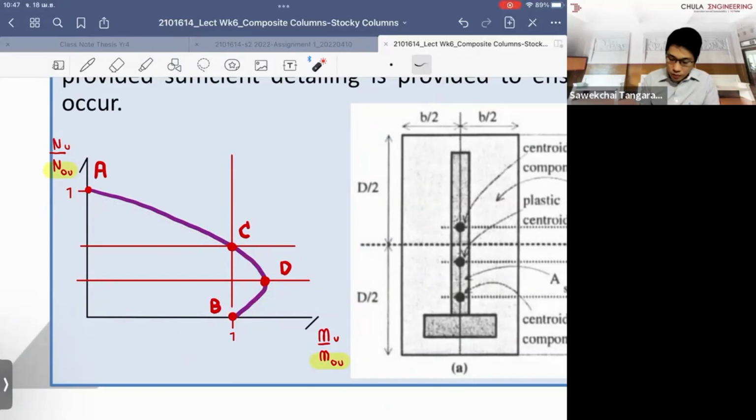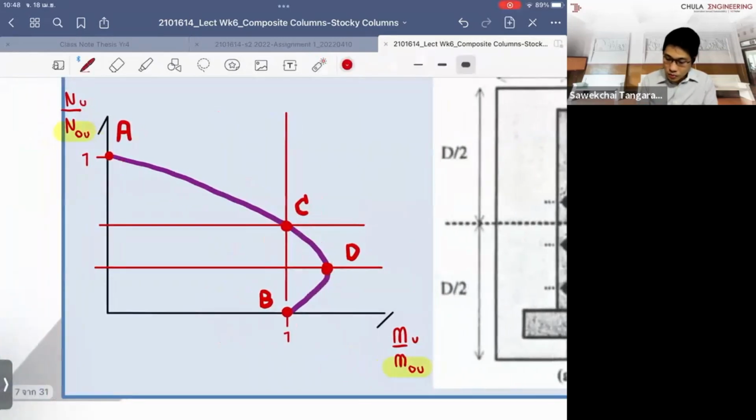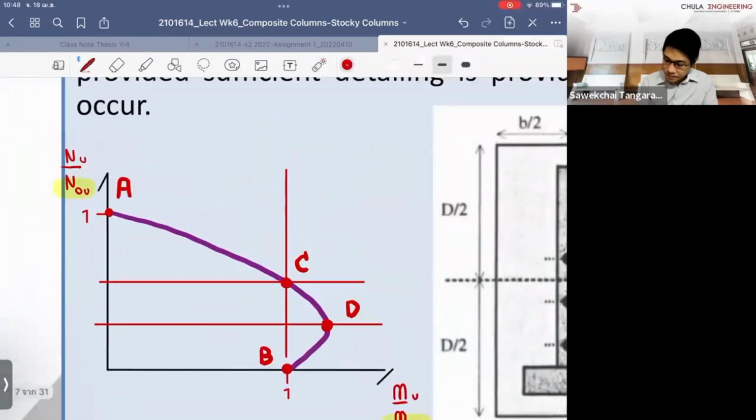In some of the steel codes, they might just use a very conservative linear line like this, so it depends, right? But okay, we use this as an interaction diagram, so we need to find 4 points. I will discuss point C and D later, but everyone knows that this one, we call the squash load.